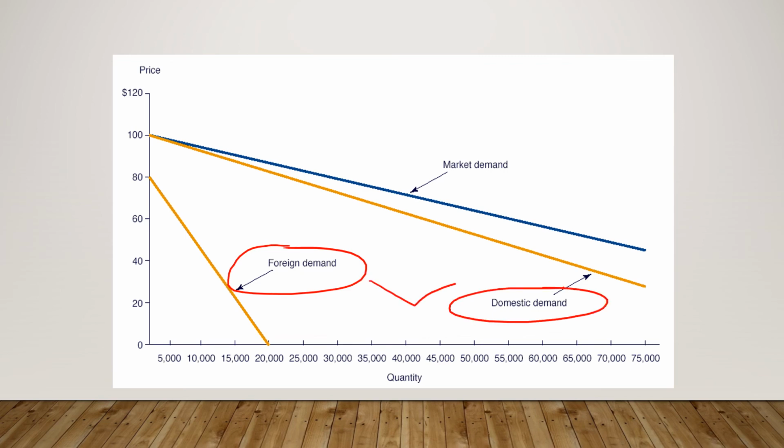You add the two together to form the market demand, because there might be different behavior. Why are we doing market segmentation? Because probably there is different behavior coming from the foreign market and from the domestic market. But if you're looking at the totality, the aggregate, you have the market demand.